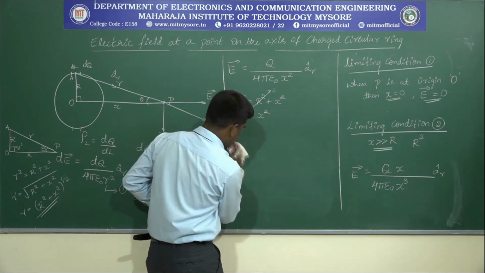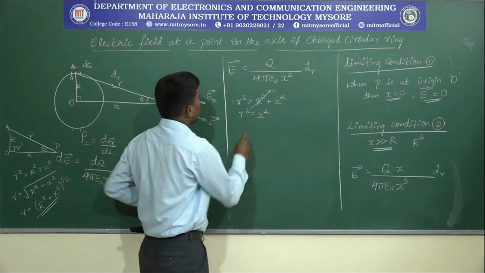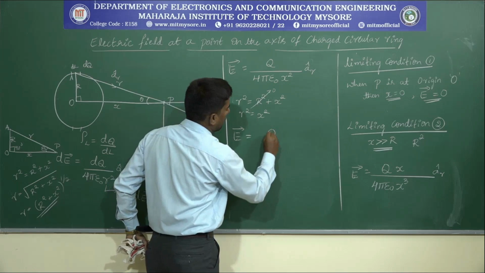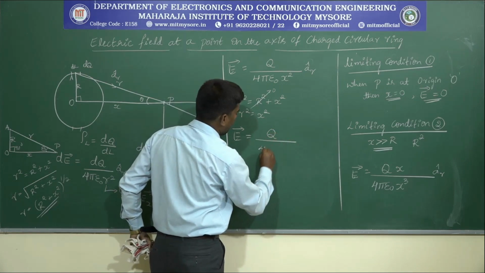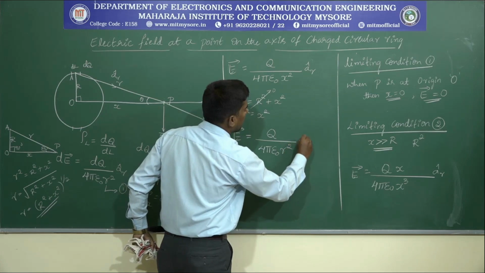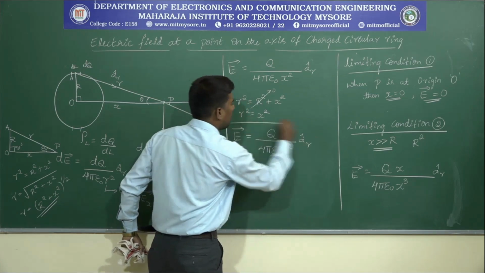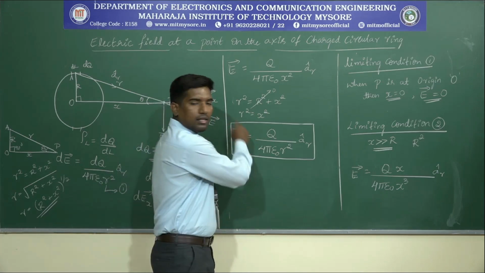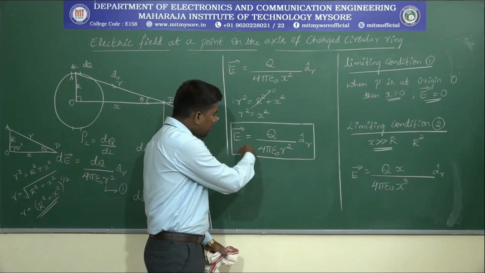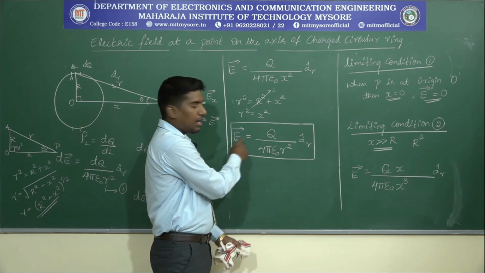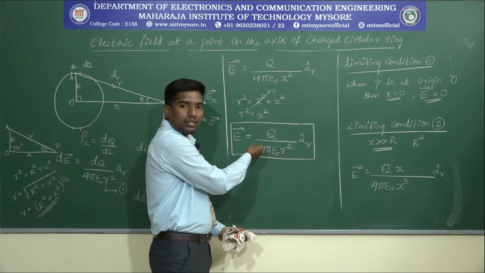Under that case, total electric field intensity E is equal to Q divided by 4 pi epsilon naught into r square into a cap r. Now look at this equation and tell me how it resembles. So this equation resembles the total electric field intensity at a point due to a point charge.